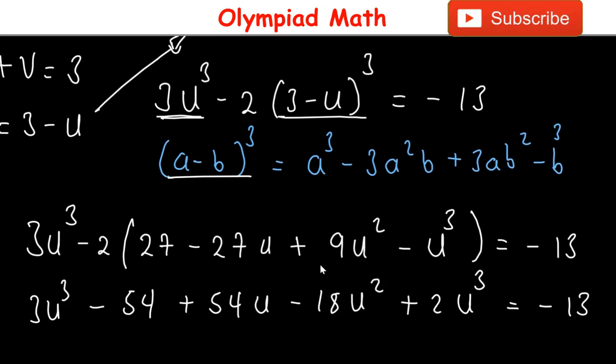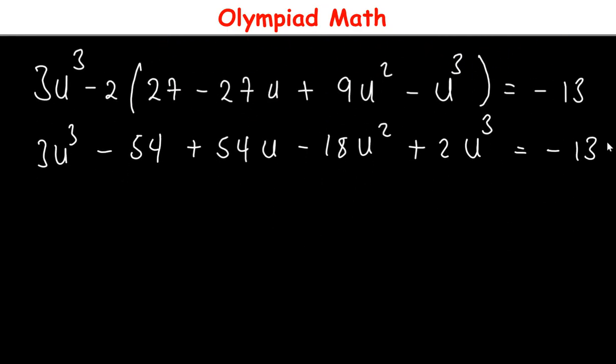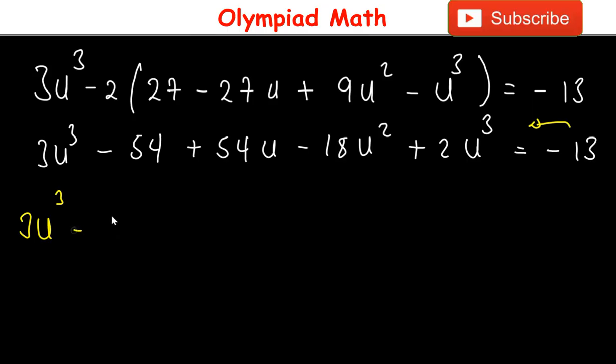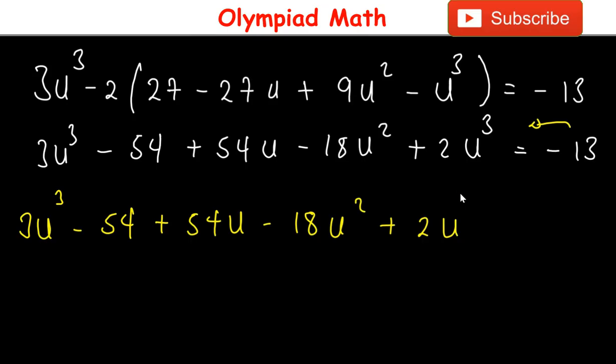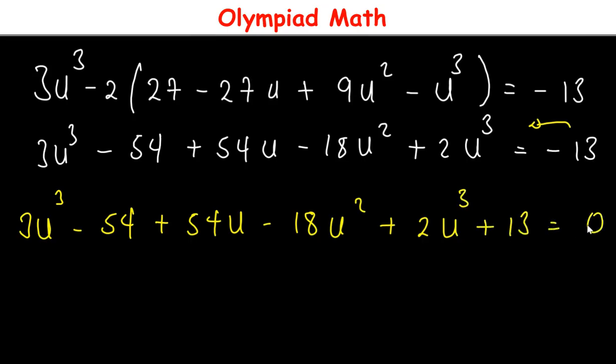So with this, we are then going to move minus 13 over to this side, and this equation becomes 3u cube minus 54 plus 54u minus 18u squared plus 2u cube, then plus 13, and this equals 0.